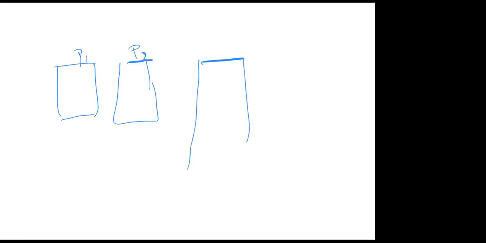This is one process, P1, and this is another process, P2. Each has its own process control block, so process P2 cannot directly access any data from process P1, and process P1 cannot directly access data from process P2.